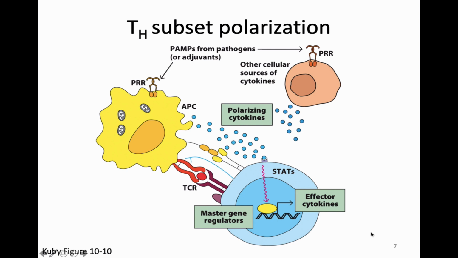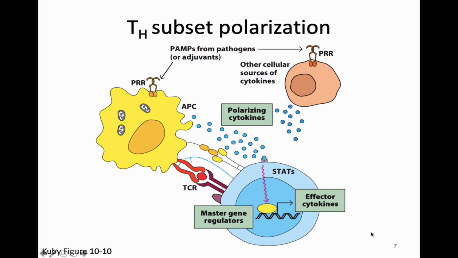So each helper T cell subset that is well recognized has its own known transcription factor, which is listed here as a master gene regulator. And that master gene regulator or transcription factor turns on all of the genes that CD4 T cell needs to become the particular subset of CD4 T cell that cell is going to grow up to be.